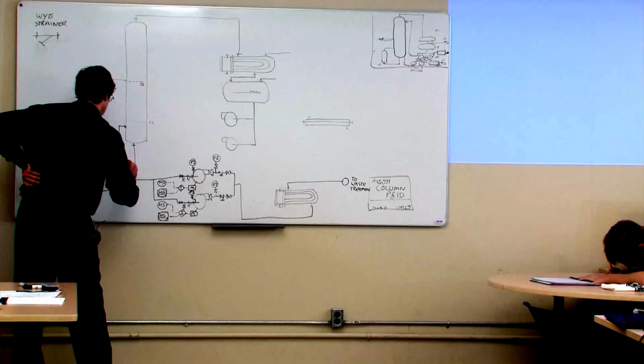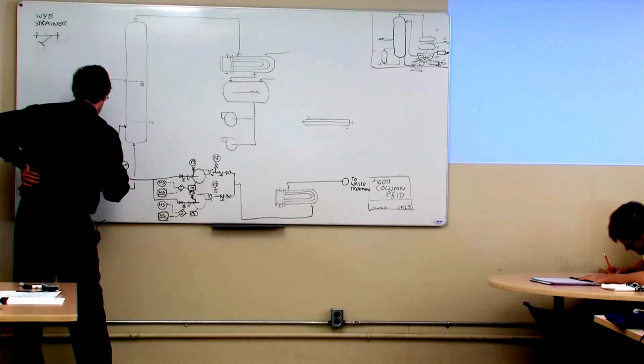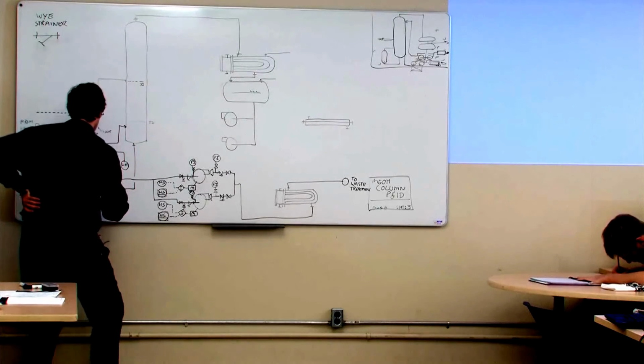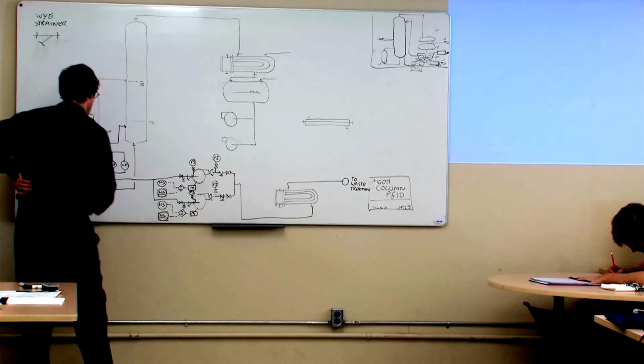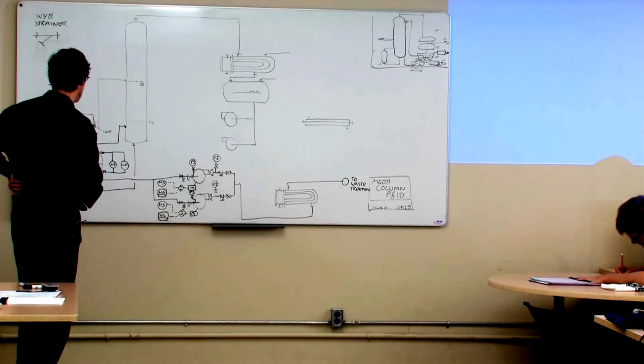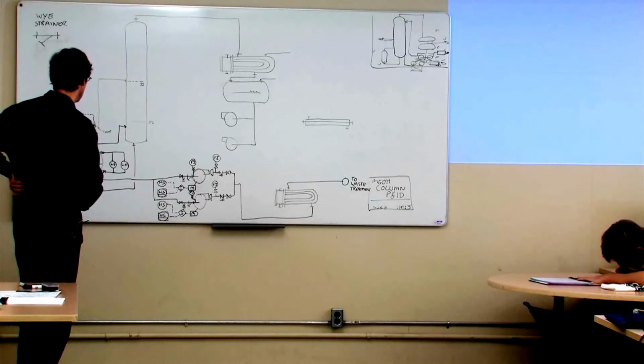And then I'm going to put a level indicating transmitter in, like that. I need a tap, a flange, like that. Okay, I've got my level indicating transmitter in, and I've got a sight glass so I can check that stuff.